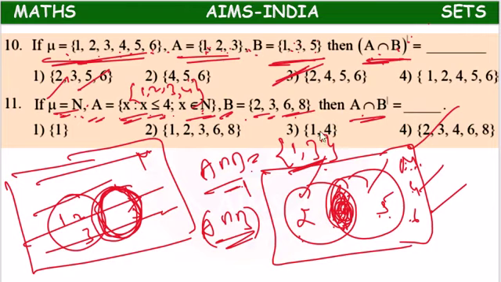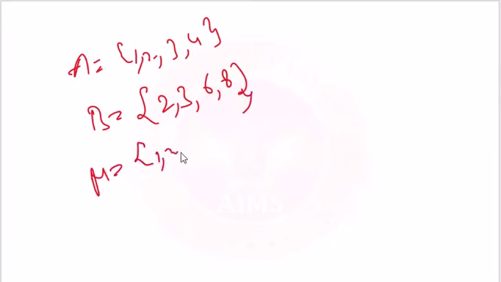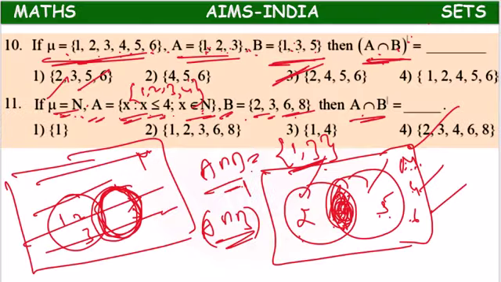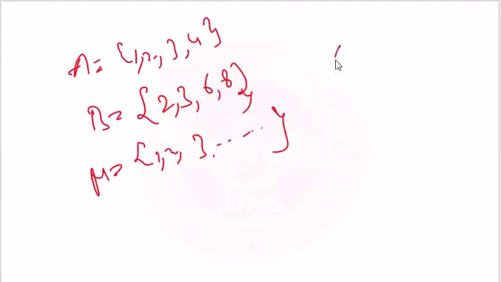A is {1, 2, 3, 4}. B set is {2, 3, 6, 8}. Mu is the set of natural numbers 1, 2, 3 and so on. We have to find the value of A intersection B dash. What is A? {1, 2, 3, 4}.